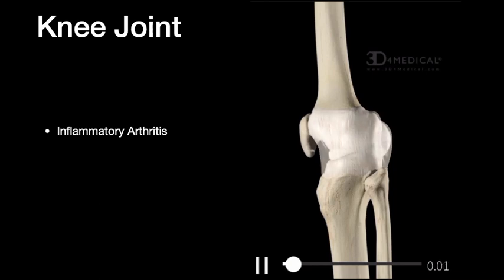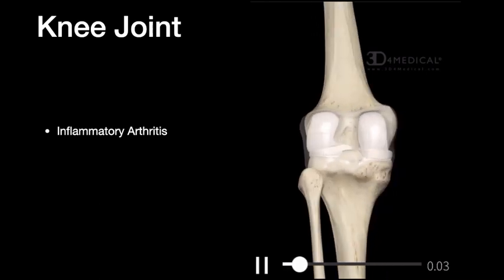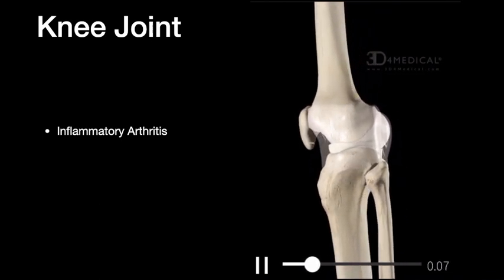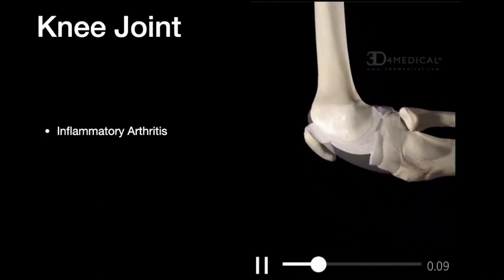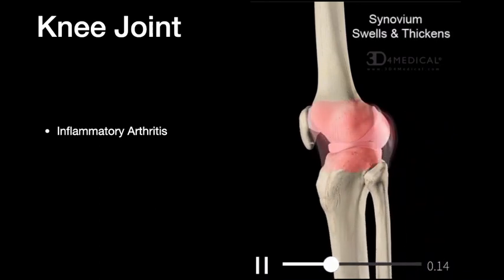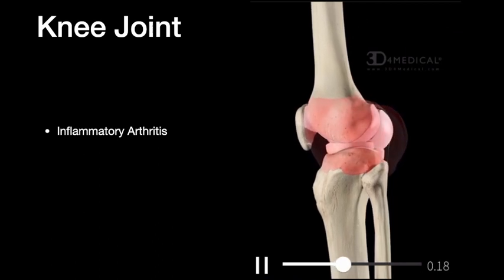Now here you got that video from 3D Medical that explains this very well. So here you can see this is a normal joint. Now the inflammation sets in, and you can see this already looks angry, and the synovium swells and it's thickened.